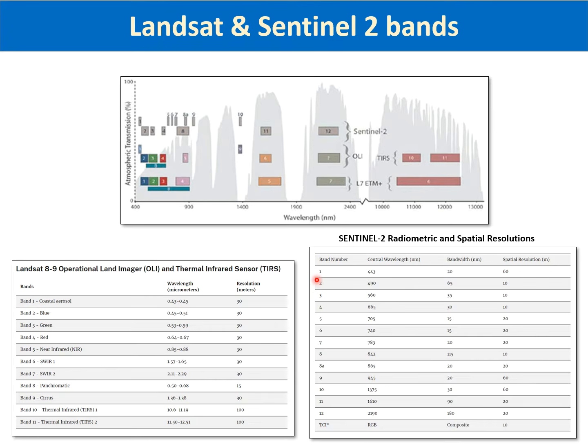For land use land cover classification, you can make use of band 2 in the blue region of the electromagnetic spectrum, then band 3 green, band 4 red, band 8 near infrared, and band 11 and band 12, shortwave infrared 1 and shortwave infrared 2. As I said, thermal bands are not generally used as they measure emitted rather than reflected radiation.